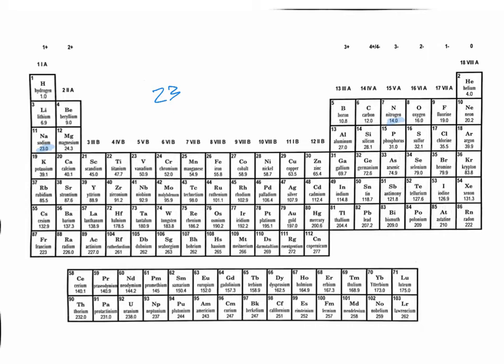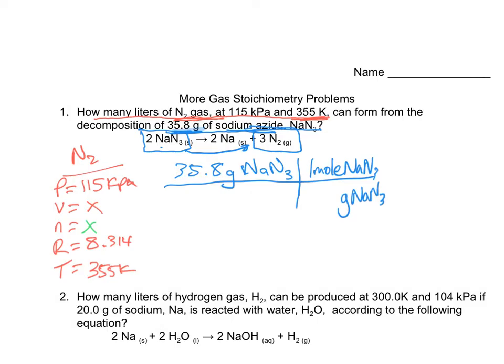So 3 times 14, what is that? 42? So that gives us 65 grams. All right, so we're going to plug that back into our equation. 65 grams.